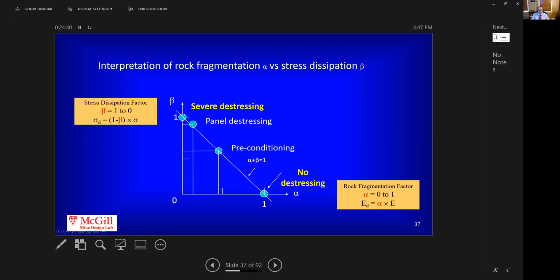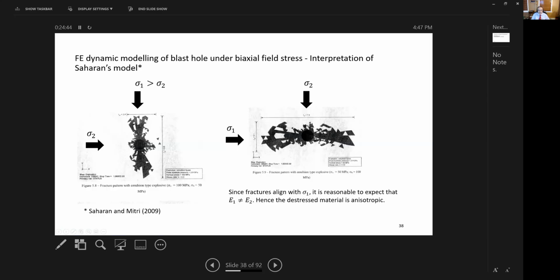90-95% stress dissipation factor. Saharan proposed an anisotropic model because he did dynamic modeling of single blast holes under biaxial stress conditions, where sigma 1 is the major principal stress, and he found that the induced fractures are parallel to sigma 1.